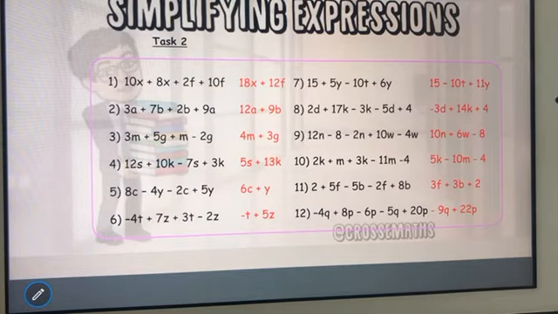This should give you a good idea of how you're getting on with this topic. If you got them all right, that's incredible. Be careful with the ones from 7 onwards because they have numbers in as well. Those can't be put with x's and y's. If it's got a letter or a number and they're different, they have to stay separate.